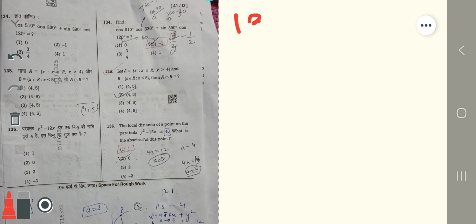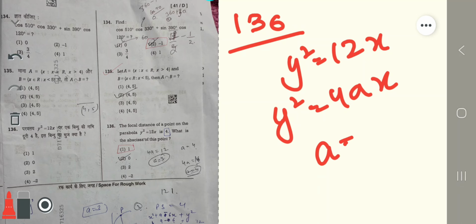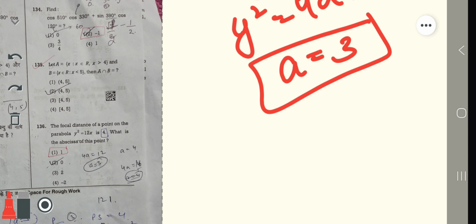Question number 136. The focal distance of a point on the parabola y square equal to 12x is 4. So if I compare with the general equation y square equal to 4ax, our a will be what? 3, right? Comparing this, a will be 3. Okay.